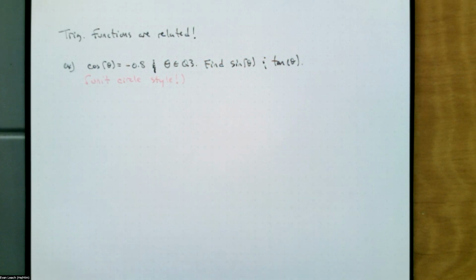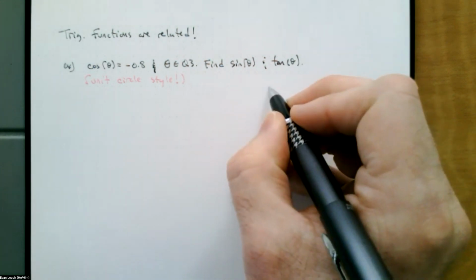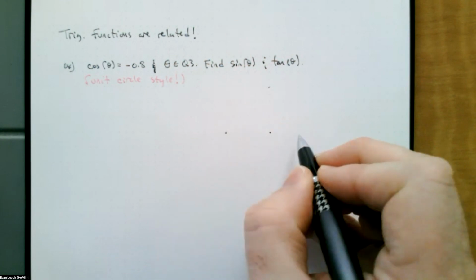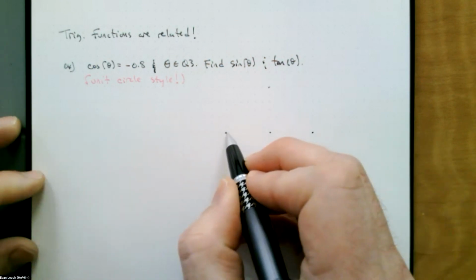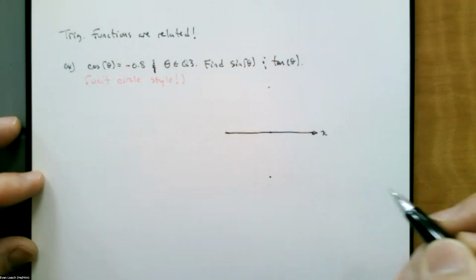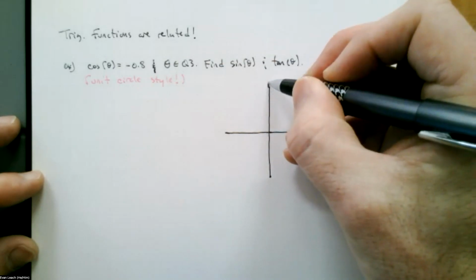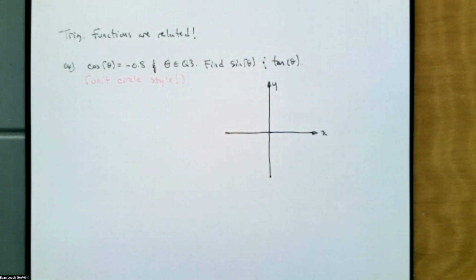If I draw a set of axes, I'm going to say cosine of theta is negative 0.8.